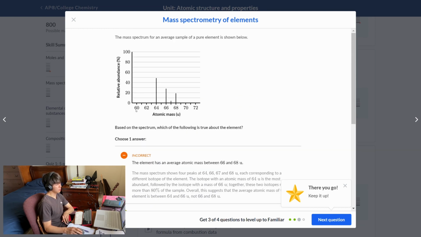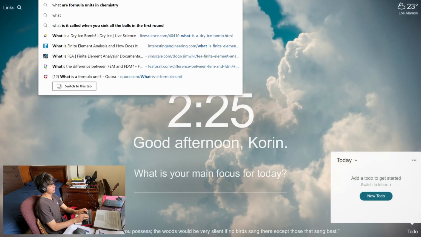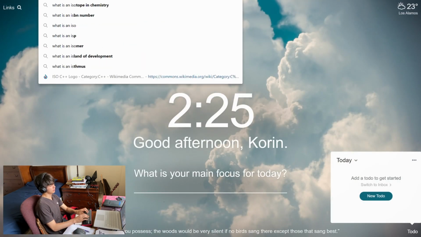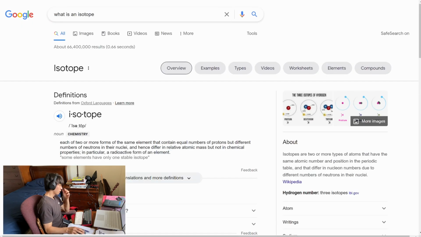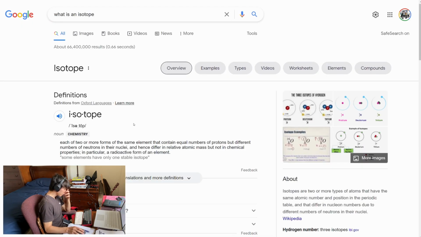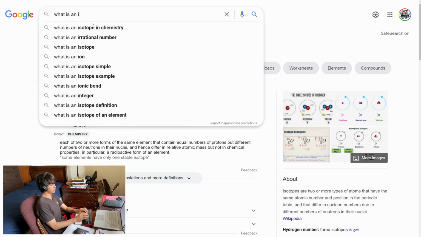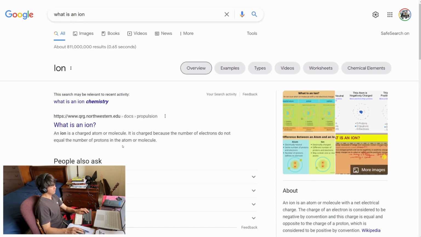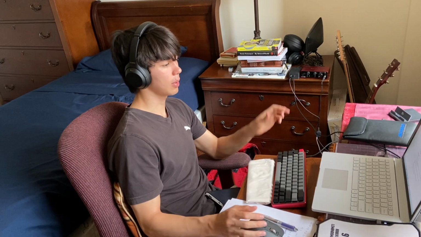What is an isotope? Isotopes have different amounts of neutrons, whereas an ion has extra electrons. I should remember that.